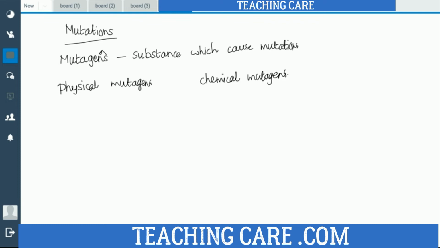If you take physical mutagens, the first factor is temperature. The next factor is high energy radiations.